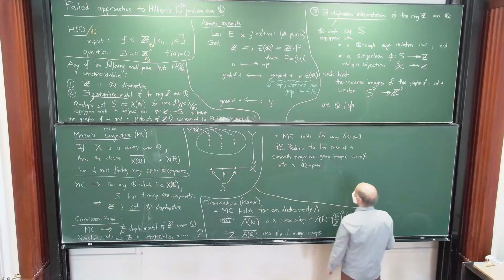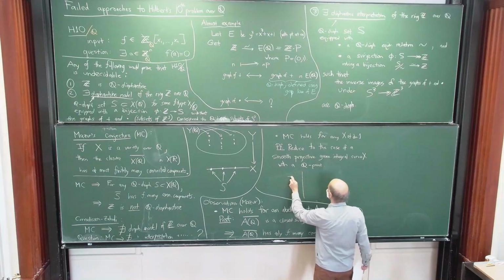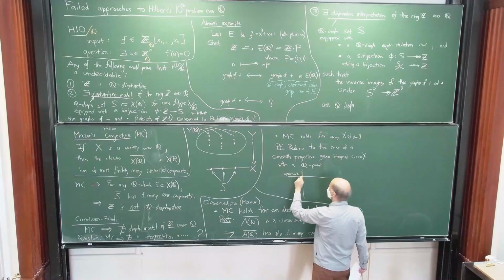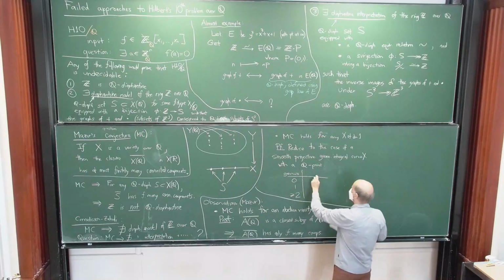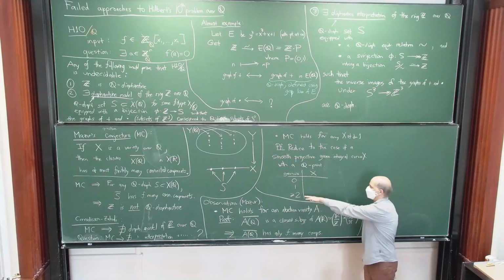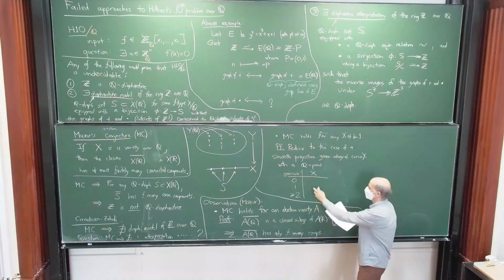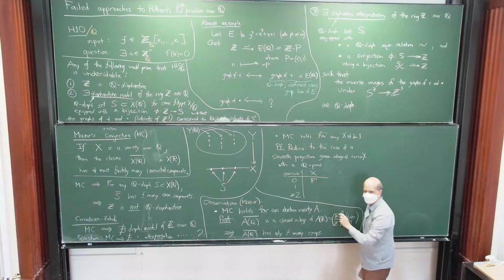So then you can just go through the classification of curves according to genus. There's the usual trichotomy: genus 0 curves, genus 1 curves, and then genus at least 2 curves. A genus 0 curve with a rational point is just the projective line.